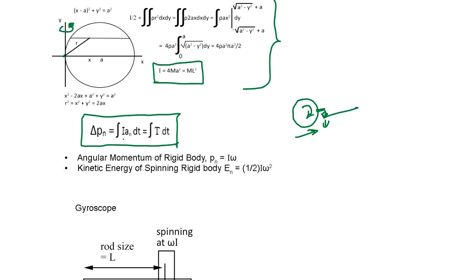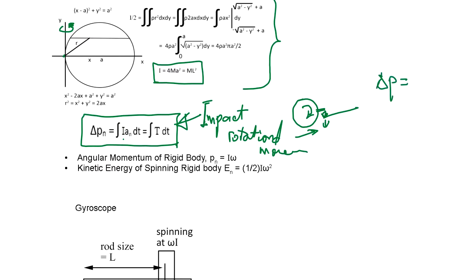So this is the impact caused by rotational movement. Do you remember that delta P equals m v equals F dt? It's the same formula.